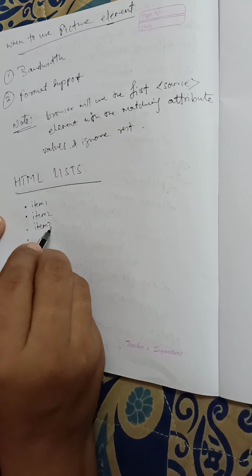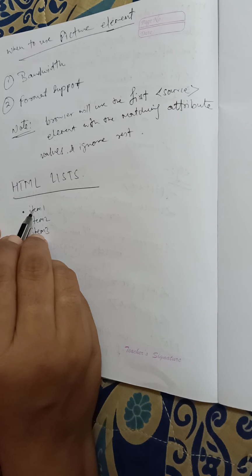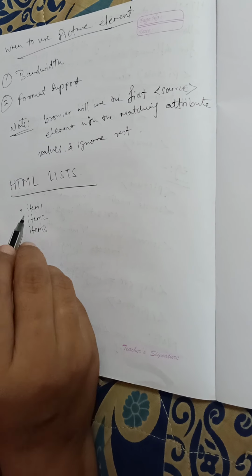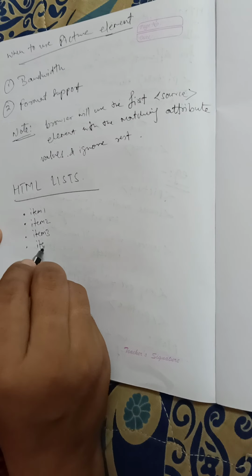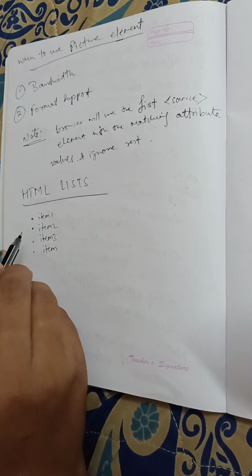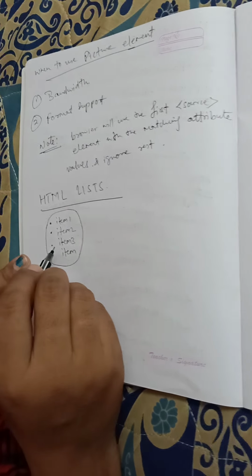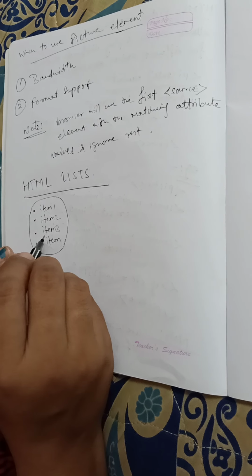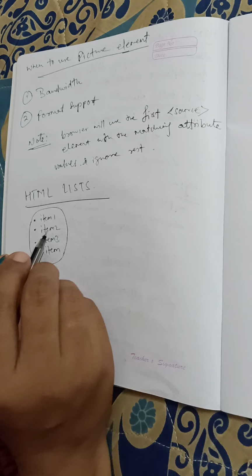It's not exactly item 1, item 2, I'm writing like this, but suppose here copies, pen, pencil, rubber, this type of thing. You must have seen this. Okay, this is known as a list. In our day-to-day life also we make list of items. Okay, this is one type of list you must have seen.